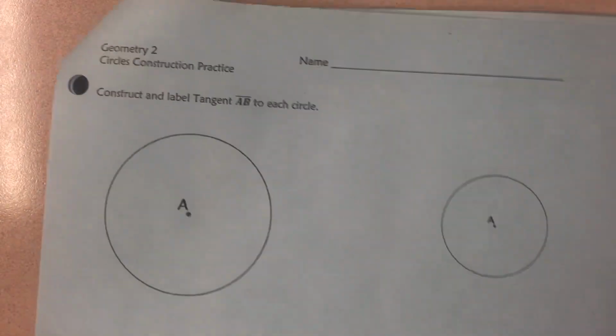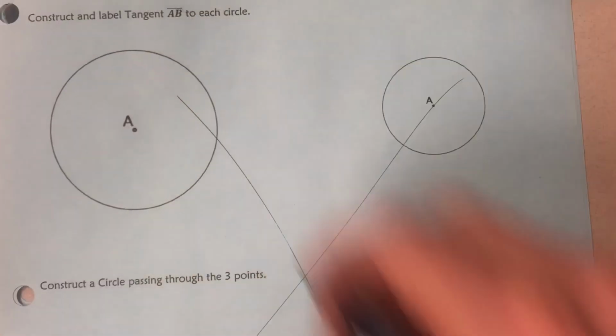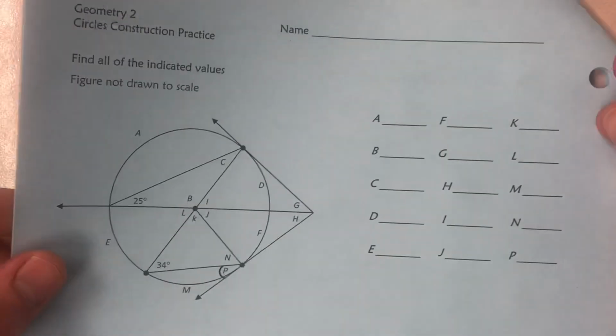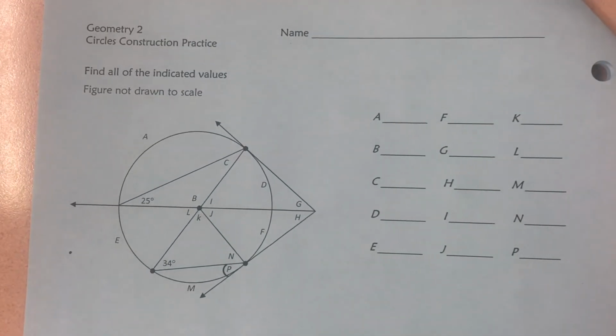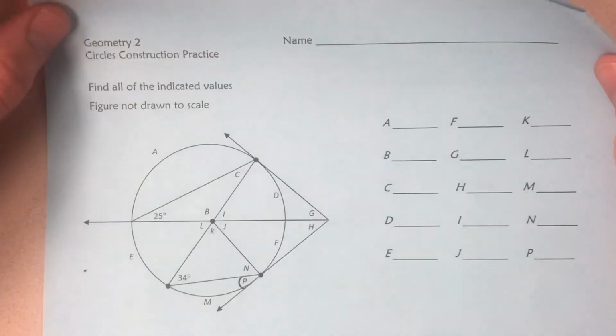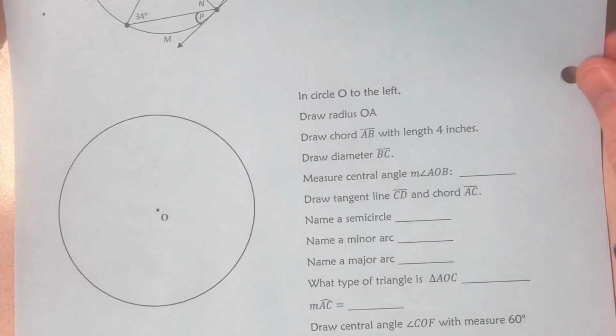This second page here, I don't think you guys should do the second page. The constructions, don't worry about it. You can X that out. This next page is pretty good practice. If you want to try multiple things on the same diagram, practice doing some of the things we've done before. So the back of that page is pretty useful. I'm not really going to go over any of this together.